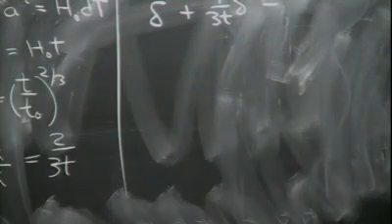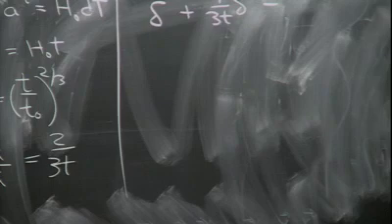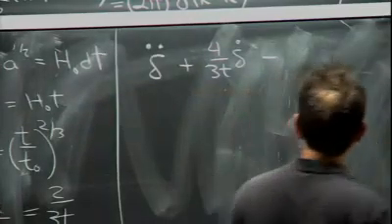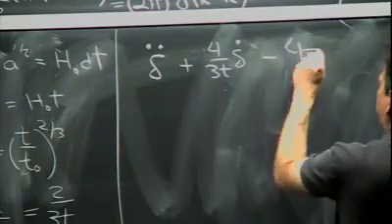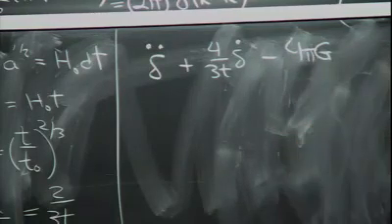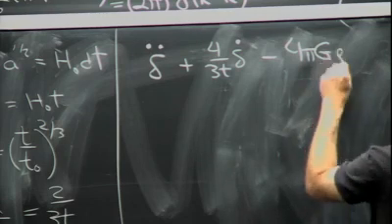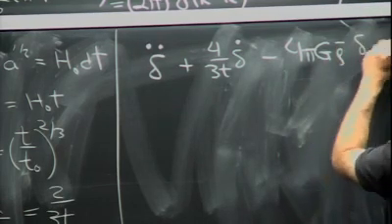this thing here, which is 4 pi G rho bar delta, but let me just write this out. 4 pi G rho bar delta is equal to 0.